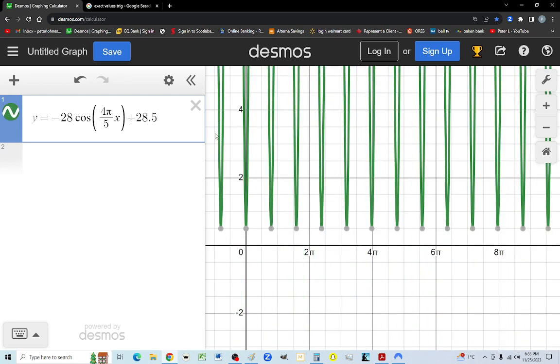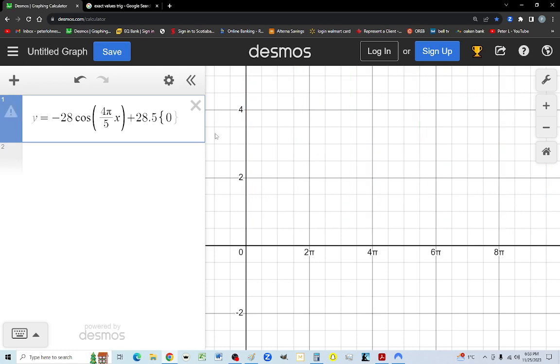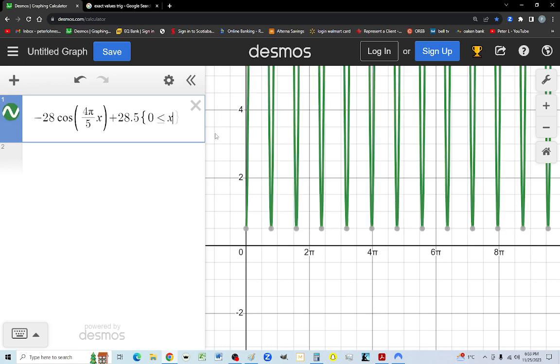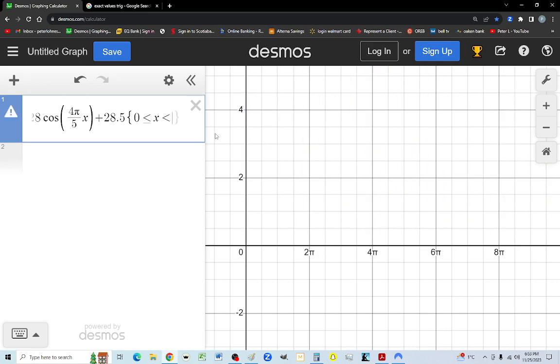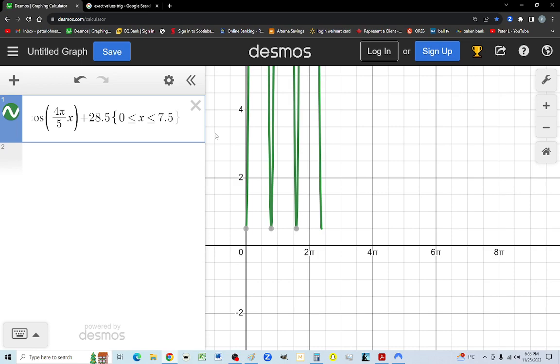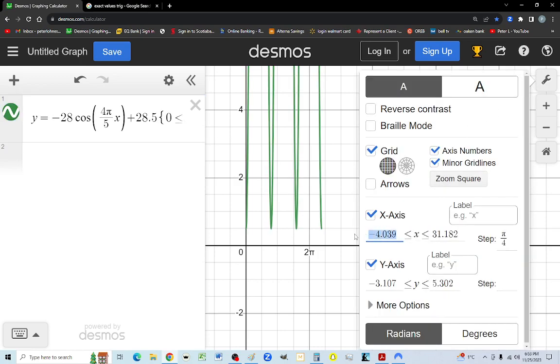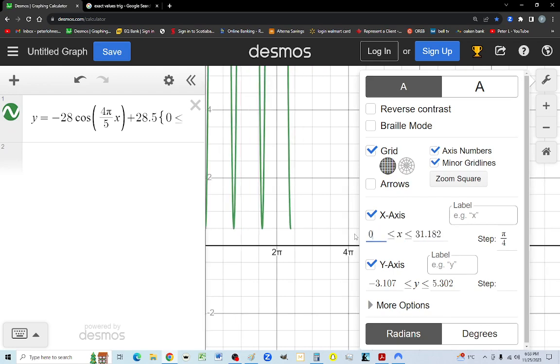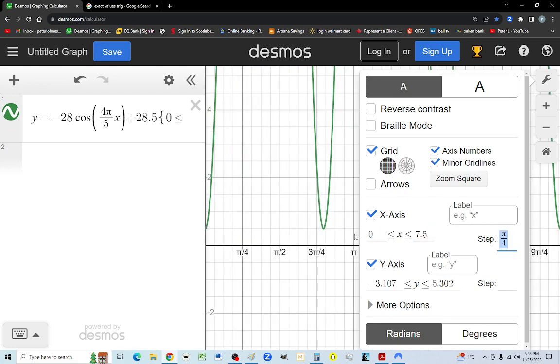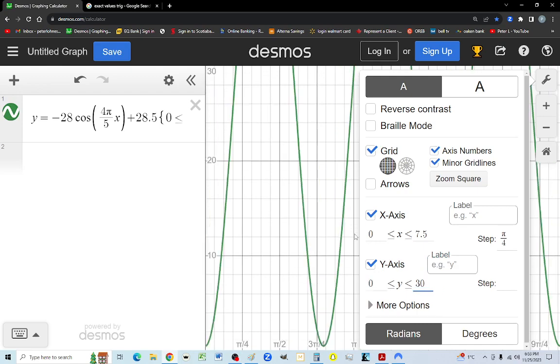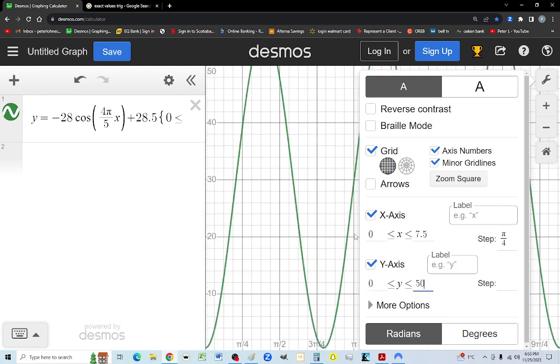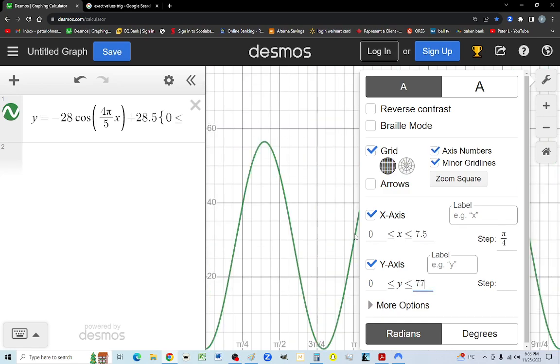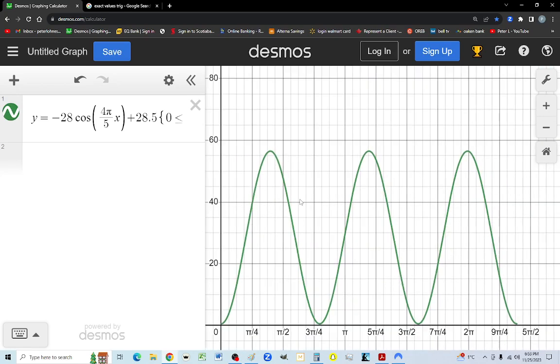And then we want it for 3 cycles, which is from 0 smaller or equal to x, and 3 cycles of 2.5 are 7.5. And then we're just going to make it visually more useful. There we go.